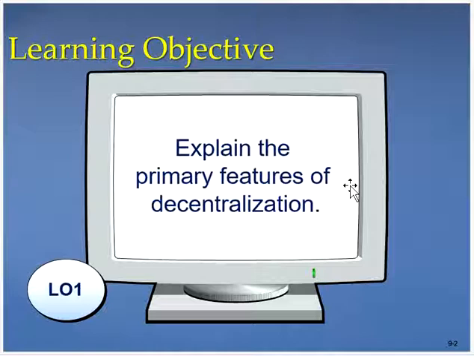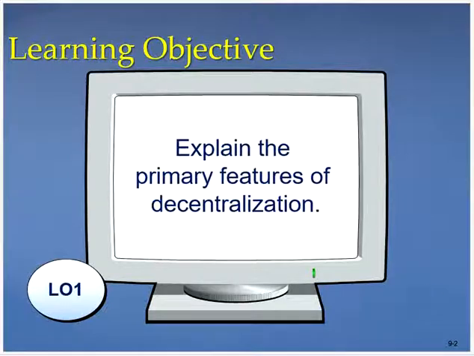This is what we call decentralization, and it offers many benefits. What are the benefits of decentralization? For example, upper level management can concentrate on strategic level decisions, as compared to routine decisions like hiring an employee.